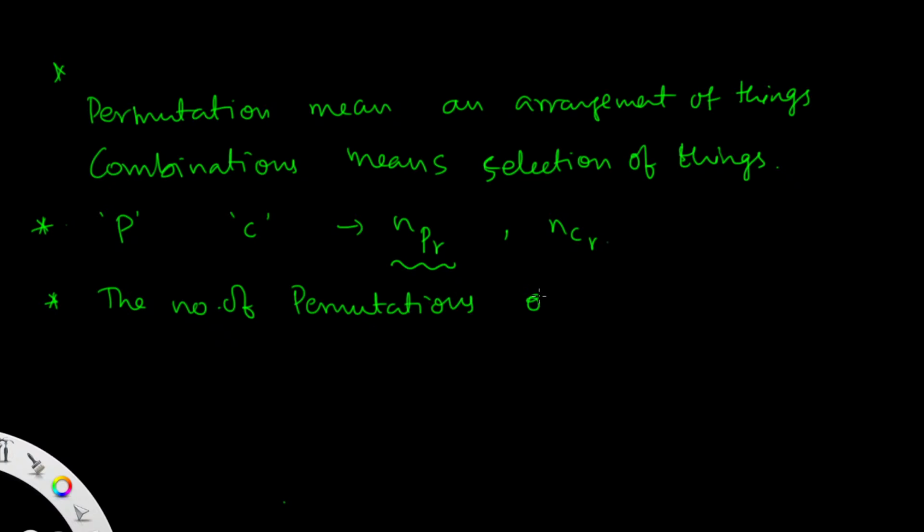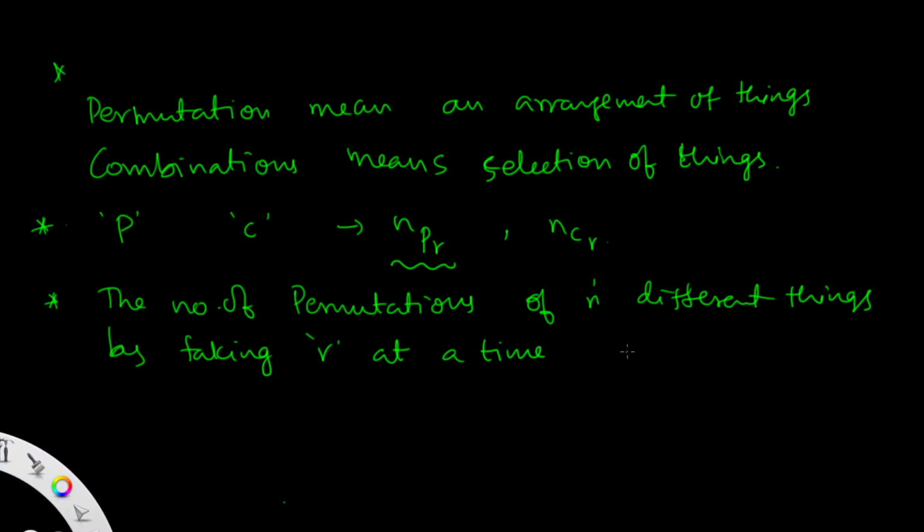It is only for arrangement of things: out of n things, we arrange by taking r at a time. That is denoted by nPr.